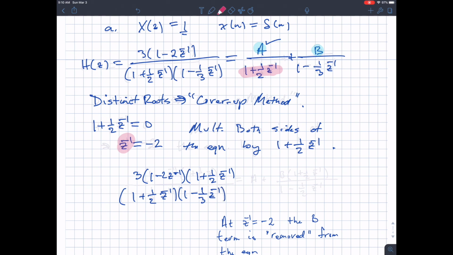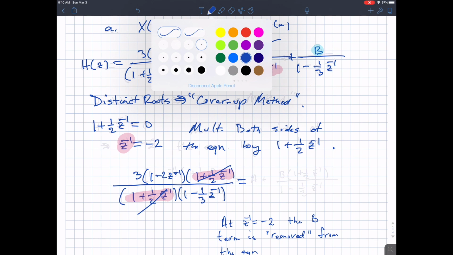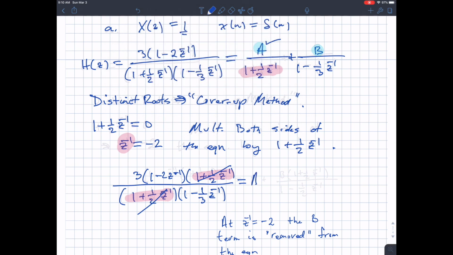The idea here is that these two terms would actually cancel. And I do the same thing on the other side, and on the other side, the pole for the A term cancels, and we're just left with A by itself. That's what we were looking for with the cover-up method.